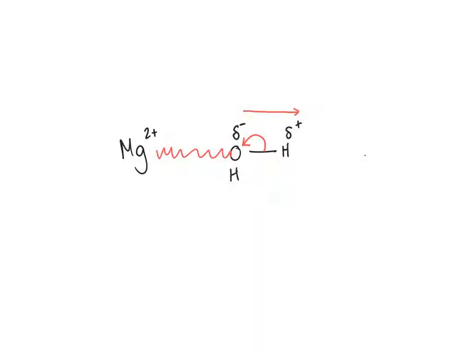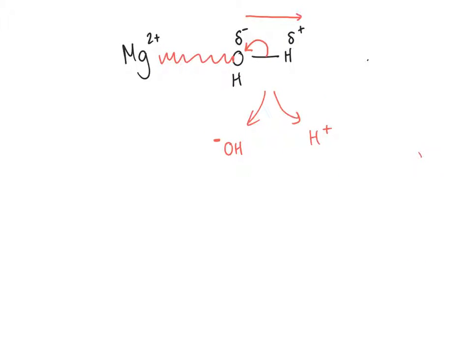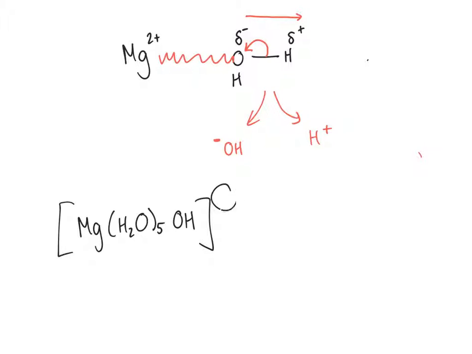Okay, so what am I going to end up with? What's my water splitting up into? 2 ions. Yeah, OH minus, the minus technically sits on the oxygen, and H plus. Alright, so now the H plus is floating about, and we're left with the magnesium, with still 5 of the waters. 5 of the waters have been unaffected, but one of the waters has changed to the hydroxide ion. Bearing in mind that we said that this charge here is the total of the metal ion charge and your ligand's charge, what's the overall charge going to be now?